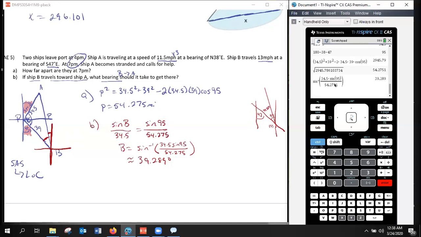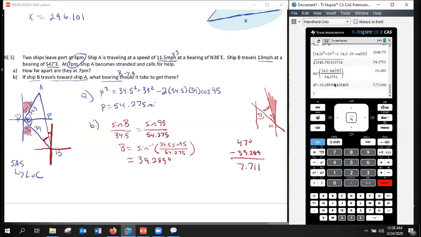So if I want to know this remaining angle that I'm shading, I'm going to take 47 degrees, subtract the 39.289 degrees that I got in my calculator. So 47 minus that answer gives me 7.711. So I am going to be traveling northward 7.711 degrees, and I am going to the west.